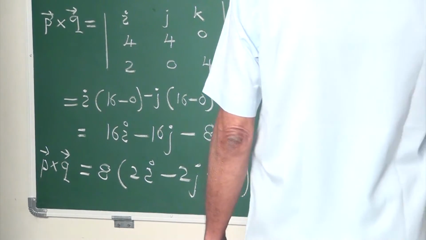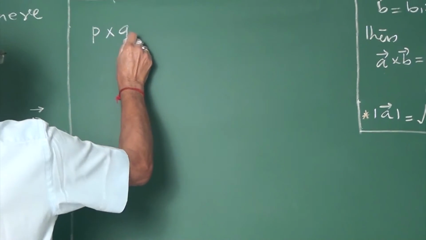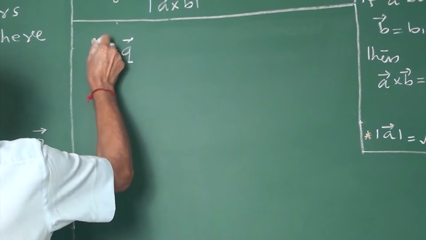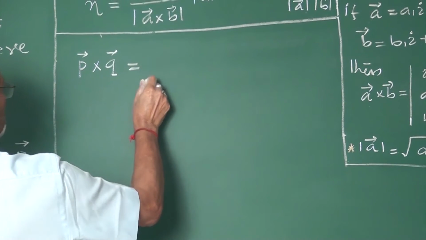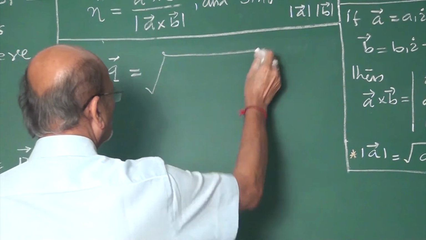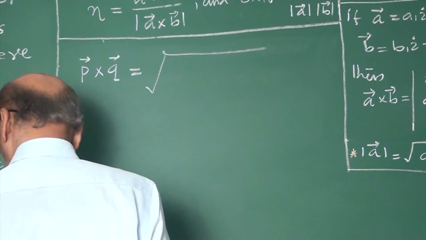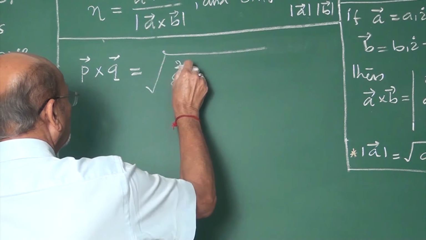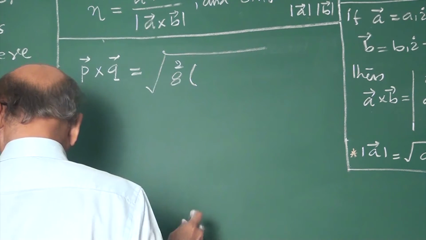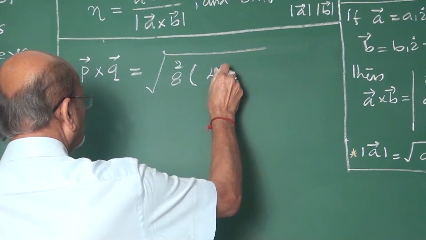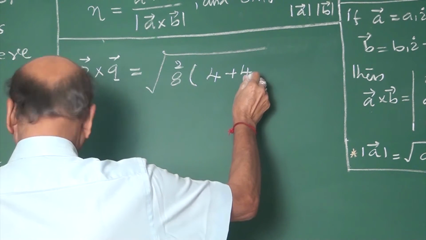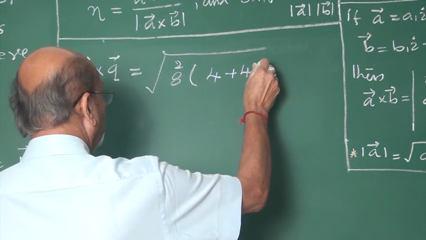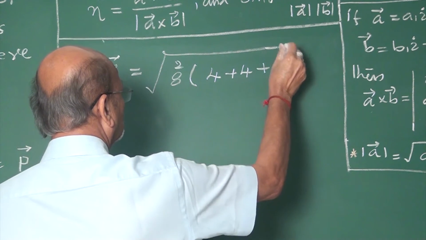Magnitude of P cross Q. This is the square root of the squares of the scalar components: 8 square into 2 square plus 2 square plus minus 1 the whole square.